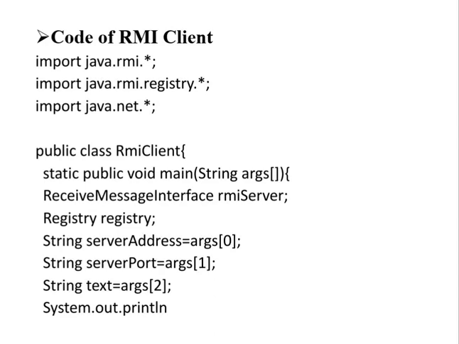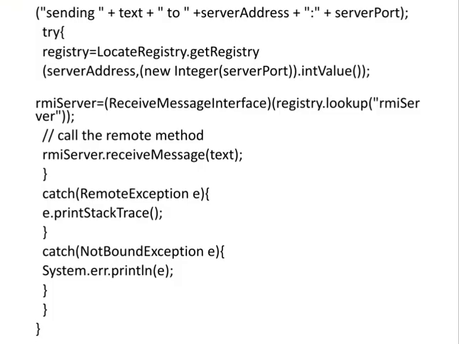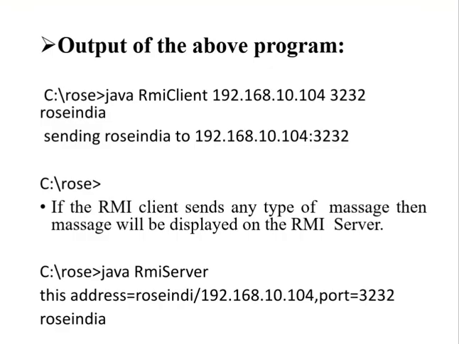We have already discussed it in detail. The output of this program is java RMIClient, 192.168.10.104 3232, sending Rose India to 192.168.10.102.